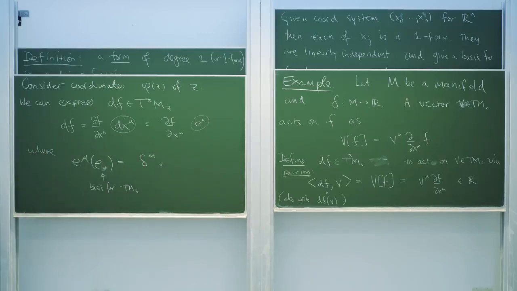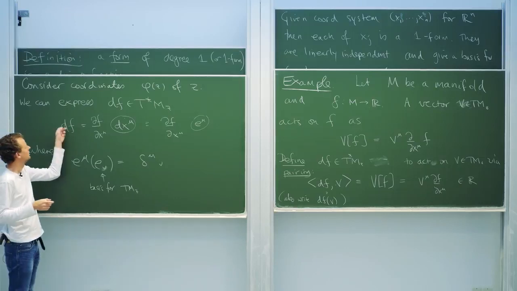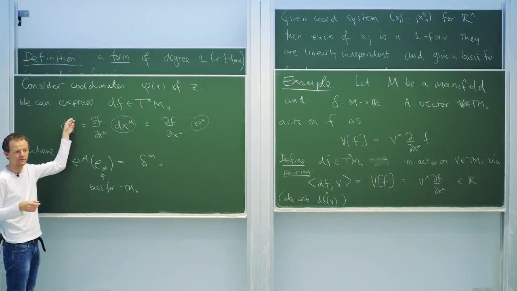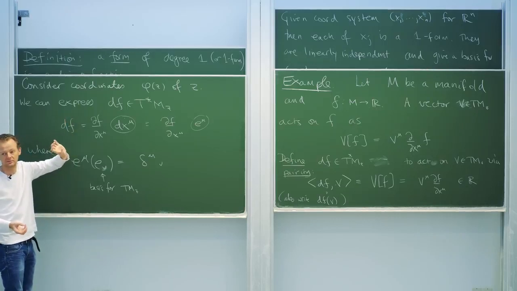So x mu is a function on the manifold. It's a particular function on our manifold. We can take its d. Remember, this object d: you give it a function and it produces for you an element of the cotangent space.